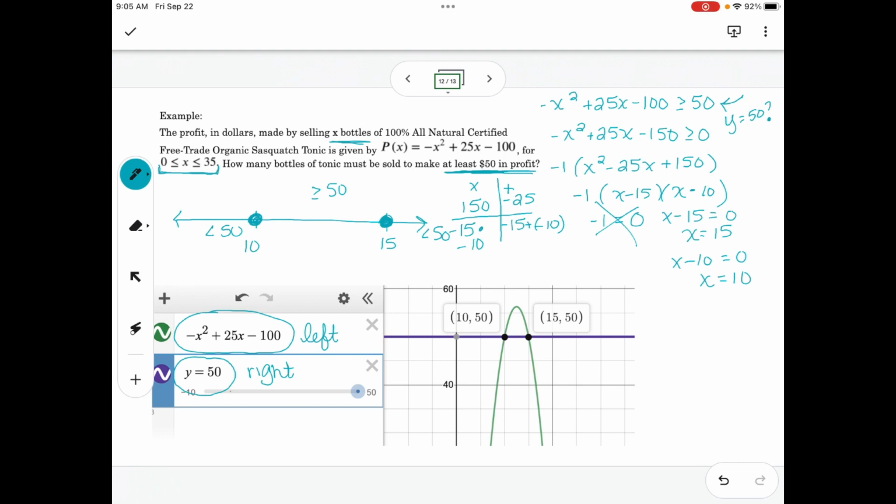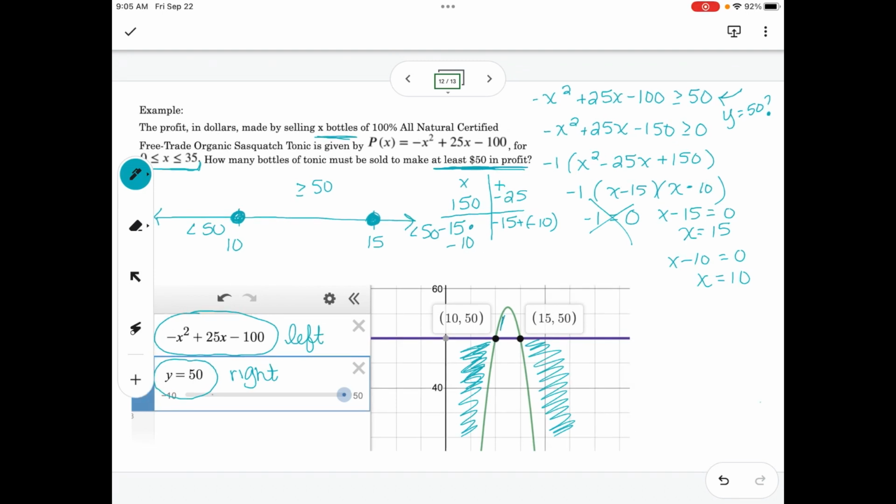So notice then in our picture, our graph is less than $50. Our y values are less than $50 over on the left-hand side, and it's less than $50 on the right-hand side if you were to substitute values in. We are more than $50 in between the intersection of 10 and 15.